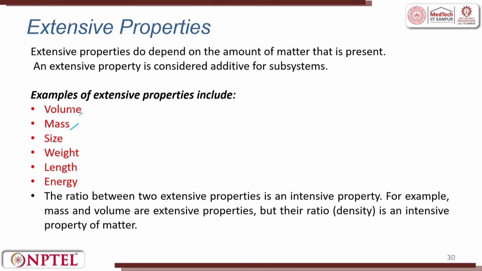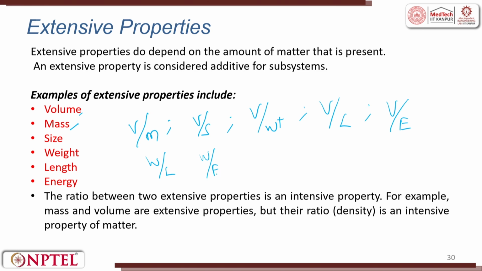The ratio between two extensive properties is an intensive property. So, when you take the ratio of two extensive properties, you can have volume by mass, volume by size, volume by weight, volume by length, volume by energy, or weight by length, weight by energy, weight by mass.